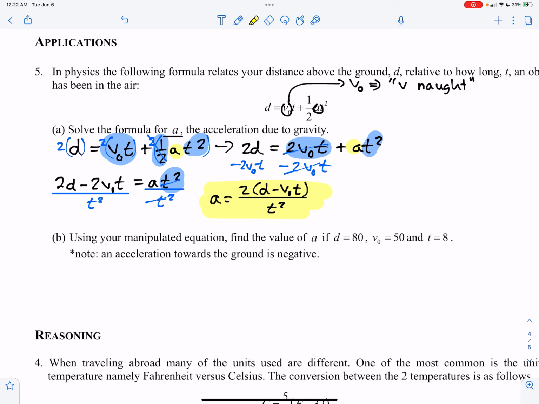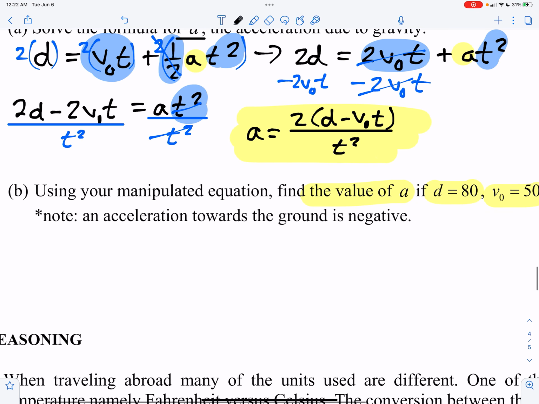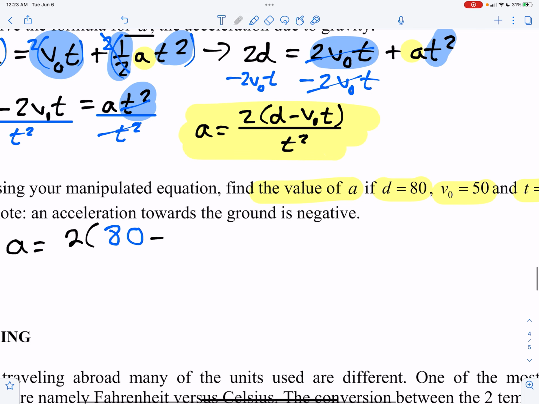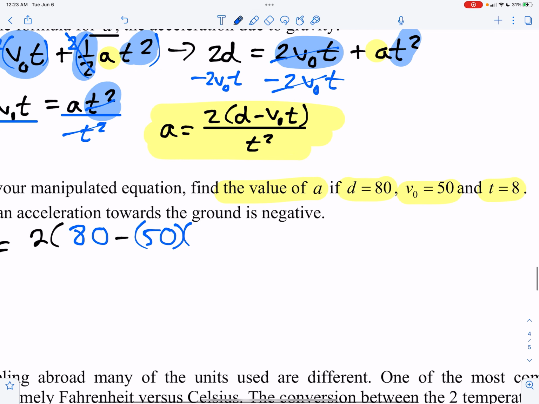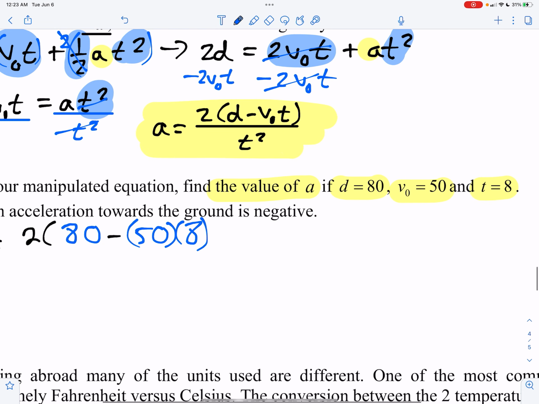Now what we'll do is actually find its value by plugging in a D of 80, a V naught of 50, and a T of 8. So we have 2 times, and we're going to plug in 80 for D, the distance, minus V naught, which is 50, so minus 50 times T, which is 8.